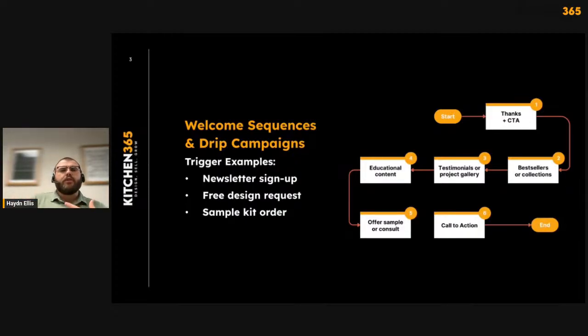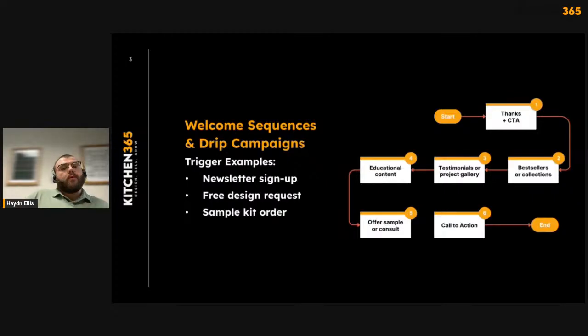So just to quickly walk you through it, when someone takes one of these trigger actions, the goal with these welcome sequences or drip campaigns is to nurture the lead, meaning give them a reason to want to communicate with you further, or take a further action, whatever that action may be.